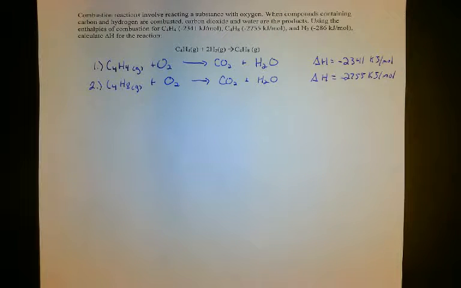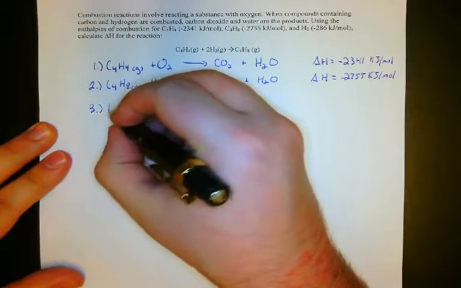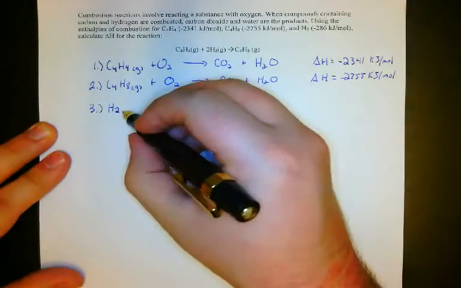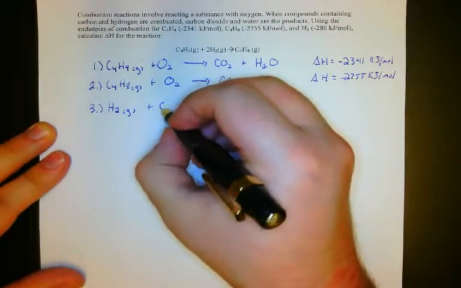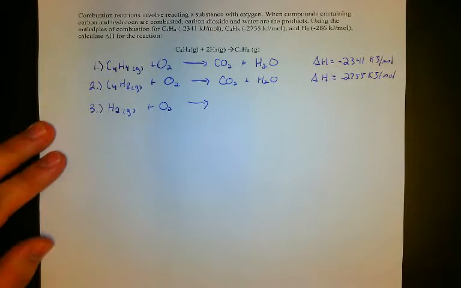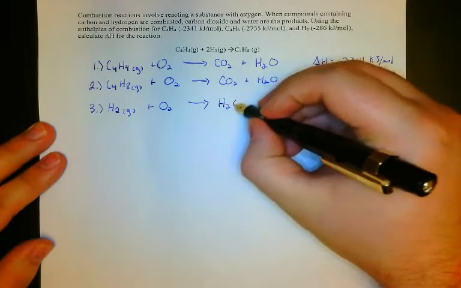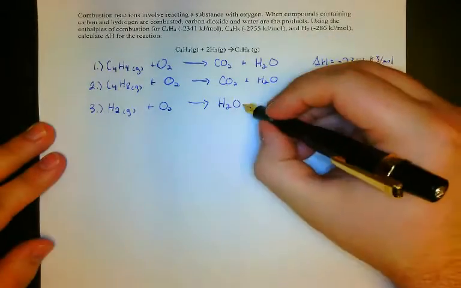The last one is the combustion of H2. So it'll be H2 plus O2. Can I make the CO2 in this case? No, because there's no carbon in that case. So my final thing will be H2O as a liquid.